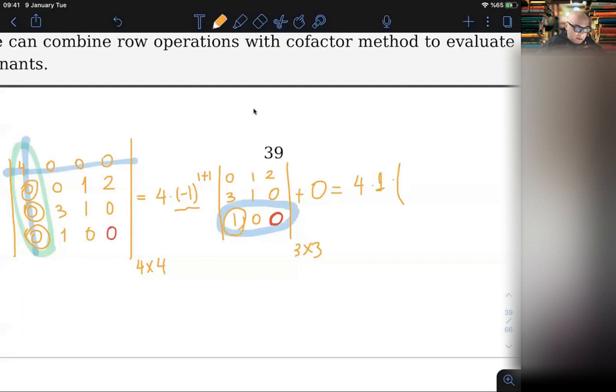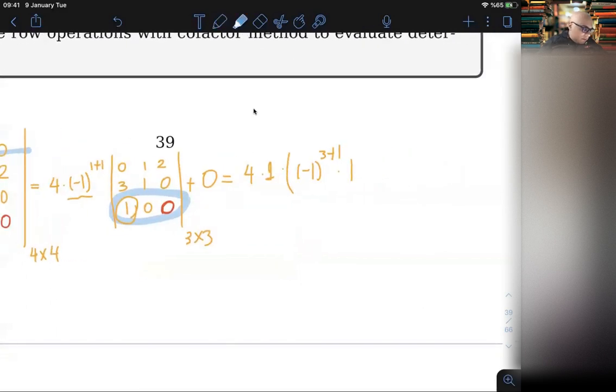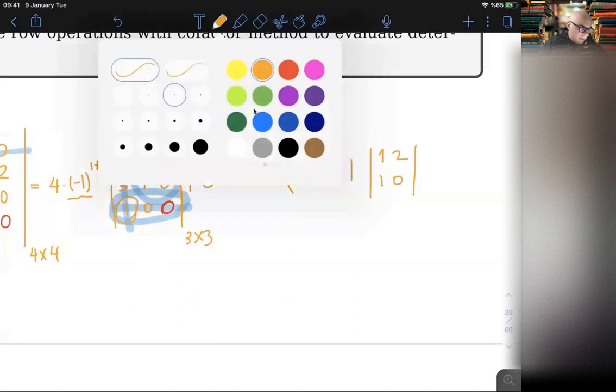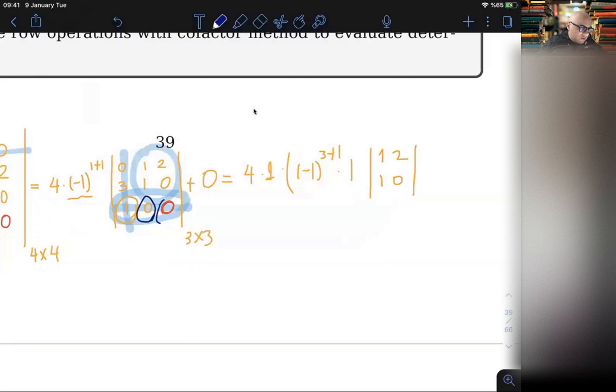So this is minus 1 to the power 3 plus 1 times this number, which is 1, times what I do now. I delete this row and look at this determinant, which is 1 times 1, 2, 1, 0. Then I look at these other entries as well, but they're all zeros, so they will just give me 0 here.